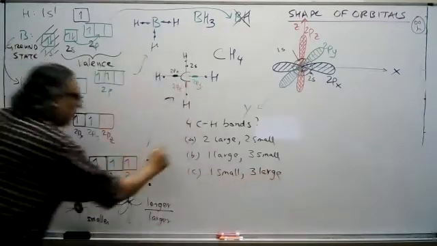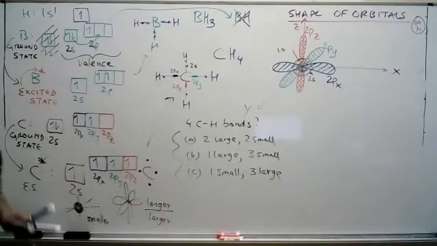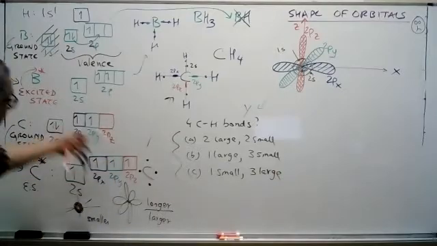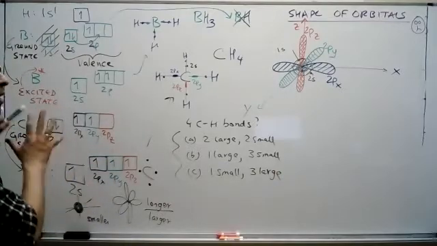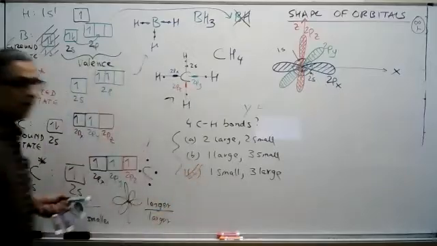What's the right answer based on what we have learned so far? Even if you don't think any of them is the right answer, which one is the correct answer based on how far science has progressed so far in our class? A 1 small, 3 large. So this is your answer.